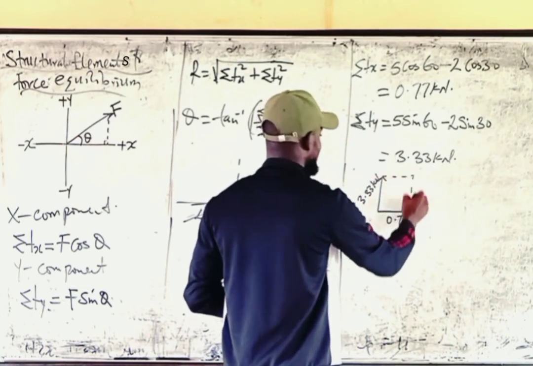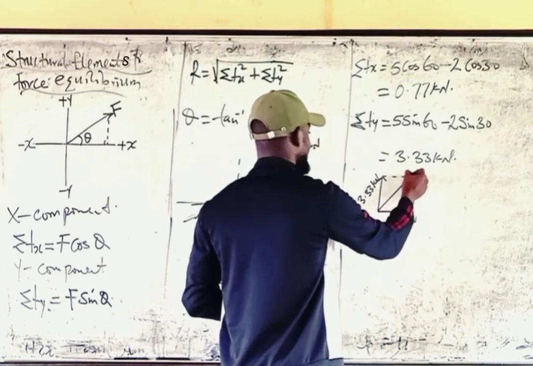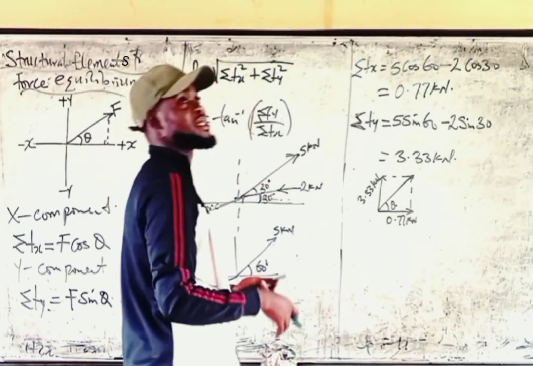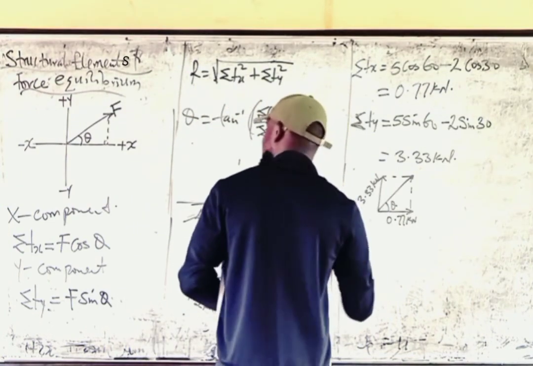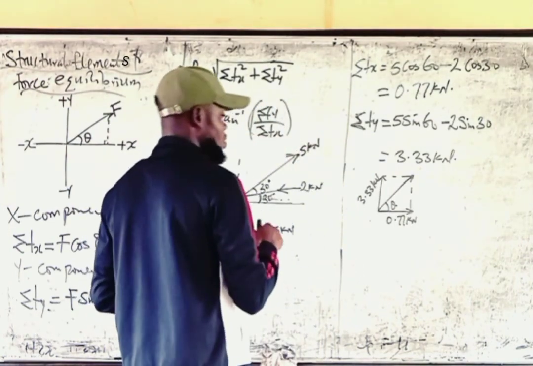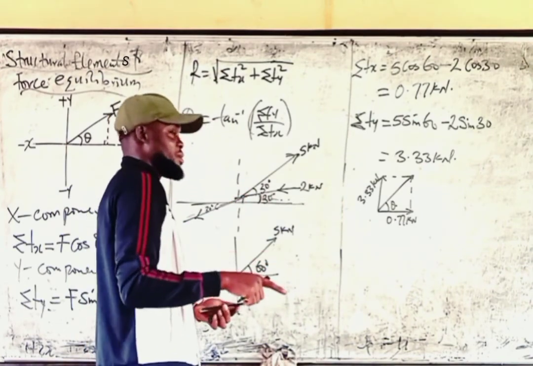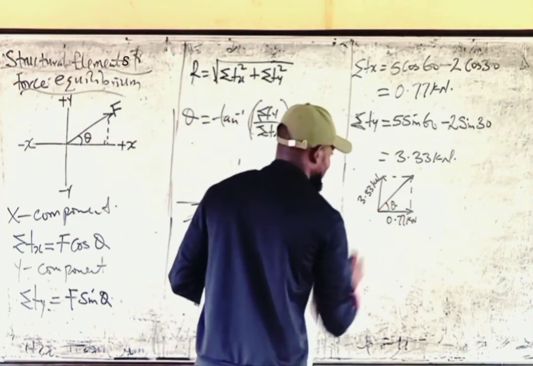If you complete this, it will be our resultant. And this will be the direction between the resultant and the positive x axis. Please remember the answer we got before for the resultant and the angle of the resultant, because we are going to check whether they are the same thing.